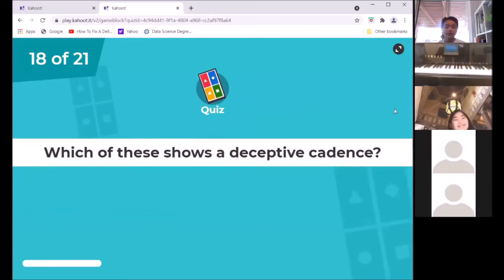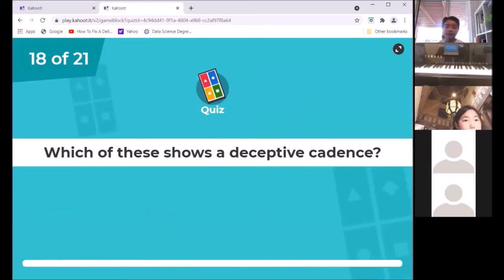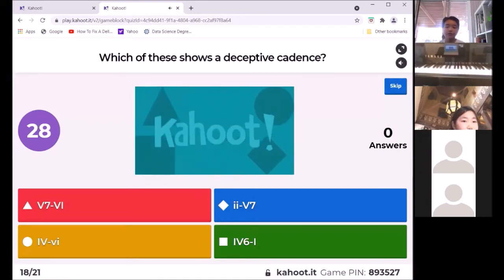Okay, next question is, which of these shows a deceptive cadence? And there's also more than one correct answer.